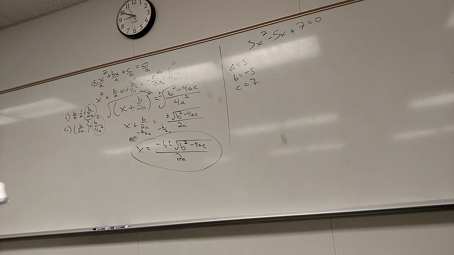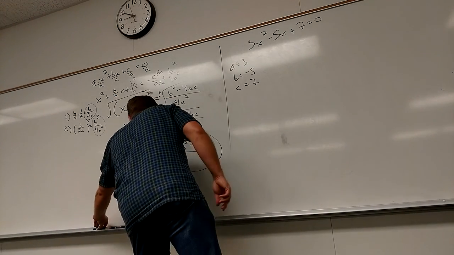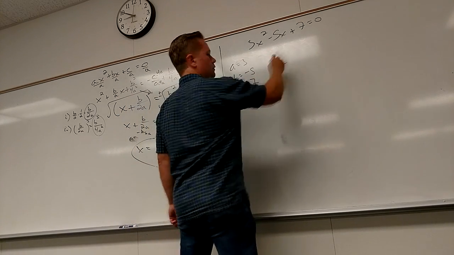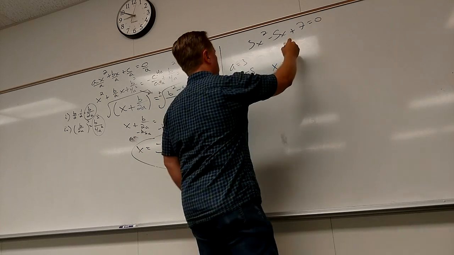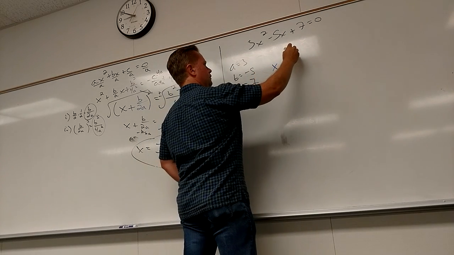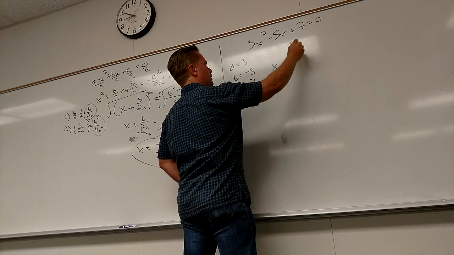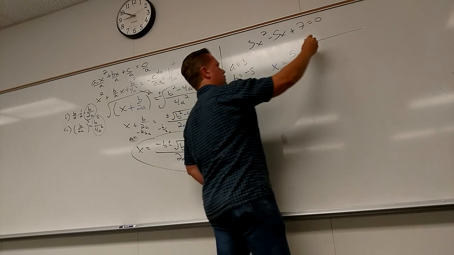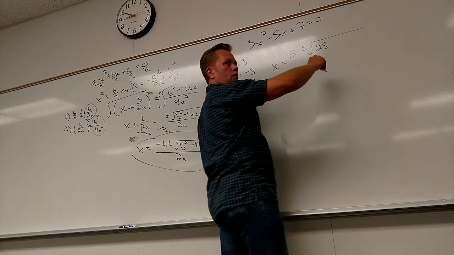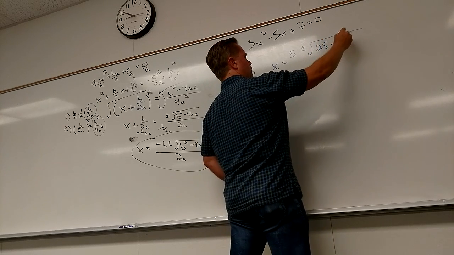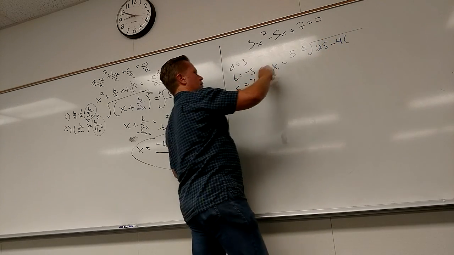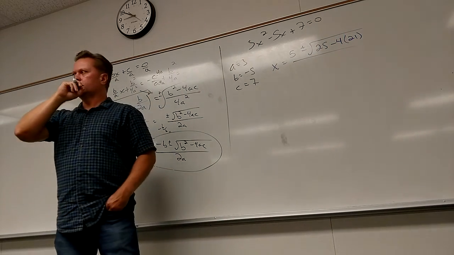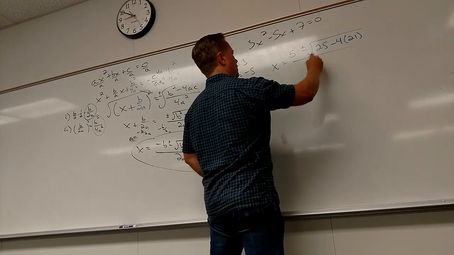All right, so let's see. x equals negative b, and b is negative 5, so negative negative 5 is 5, plus or minus the square root of b squared minus 4 times a times c, which is 4 times 3 times 7, all over 2a.